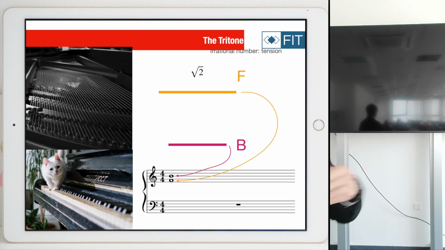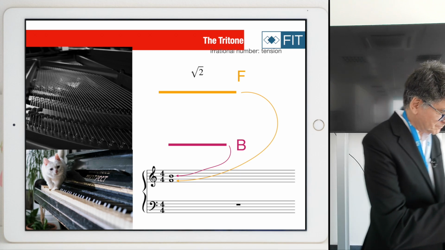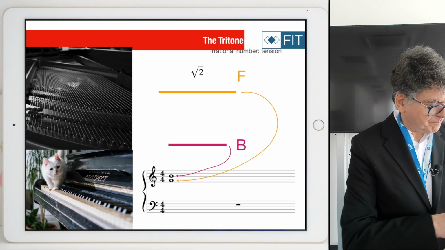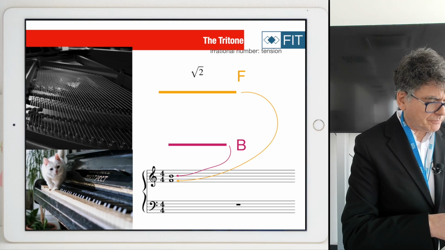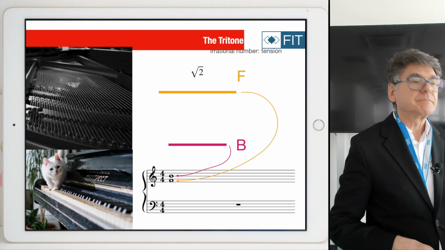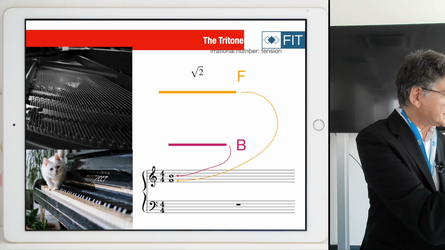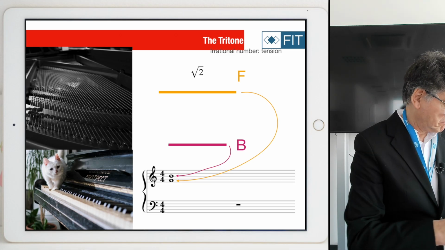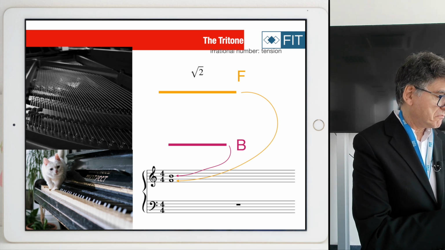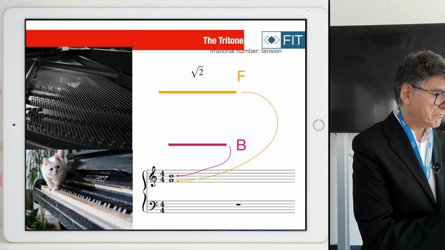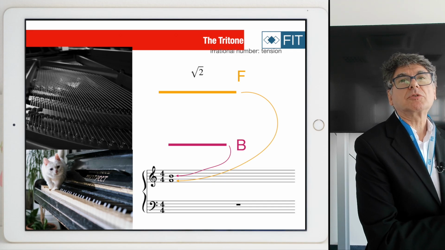I'm going to play the square root of 2 for you. Have you ever heard the square root of 2? Okay, the square root of 2 is something like this. That's the square root of 2.